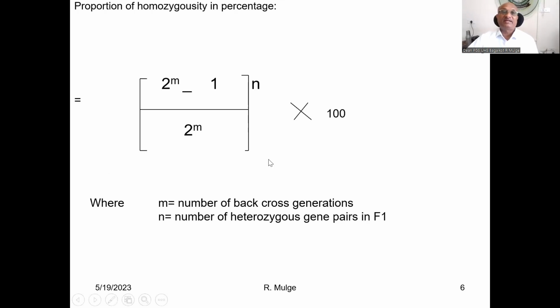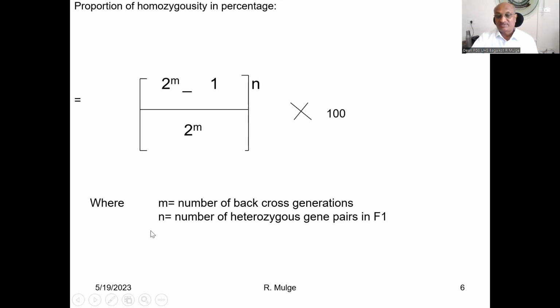For example, if one gene is there, a single gene, that's the first backcross generation, how much? 2 to the power 1 is 2, 2 minus 1 is 1, 2 to the power 1 is 2, right? So 1 divided by 2, into the number of heterozygous pairs, a single gene we have taken. 1 divided by 2 means you get 50% homozygosity, right?